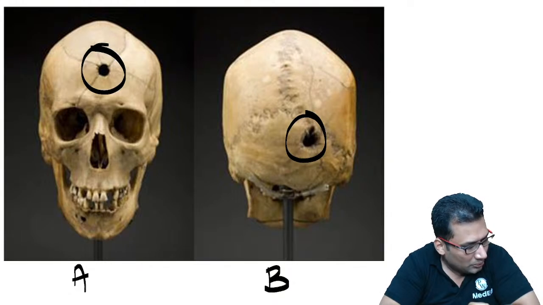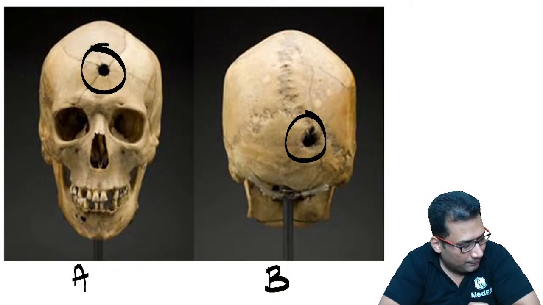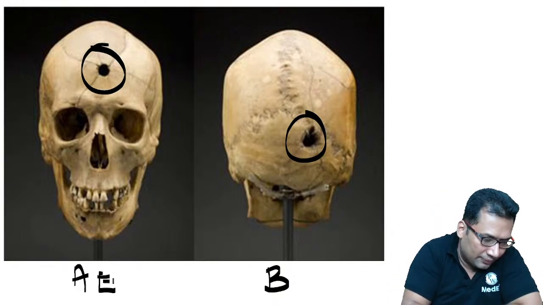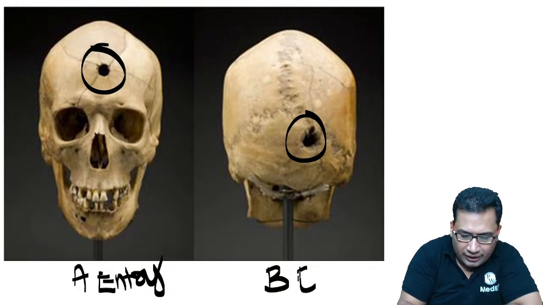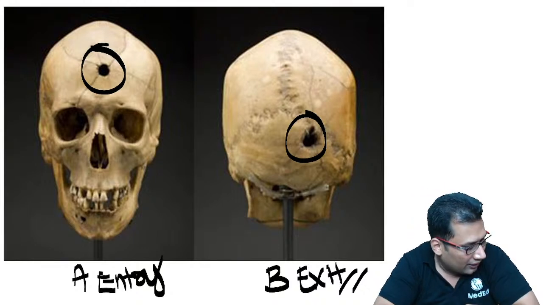Come on, guys, you need to interact with me in the class. A is entry wound, B is exit wound. Very good. Why exit? Because of the inner table, outer table beveling is there. Very good.